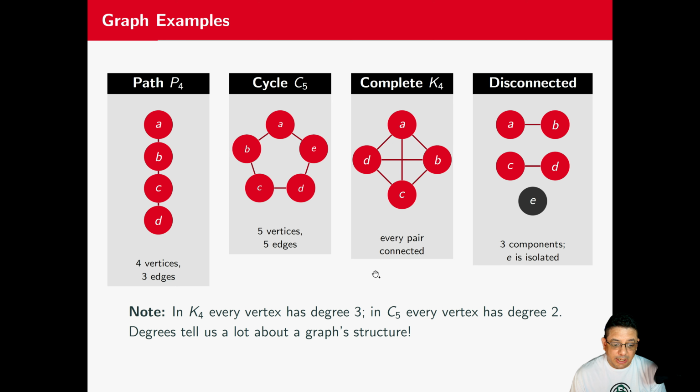Now in K4, every vertex has degree 3 since it has 3 incident edges. In C5, every vertex has degree 2. In this one, every vertex has degree 1. And here, everyone also has degree 1 except for E, which has degree 0.